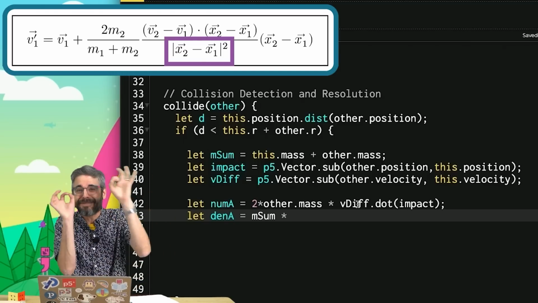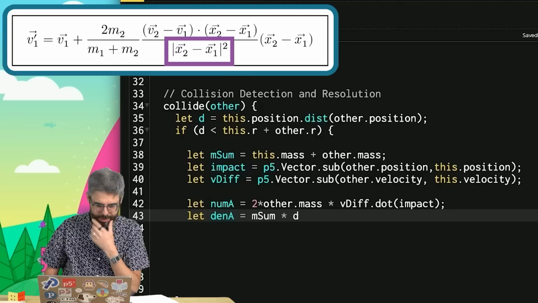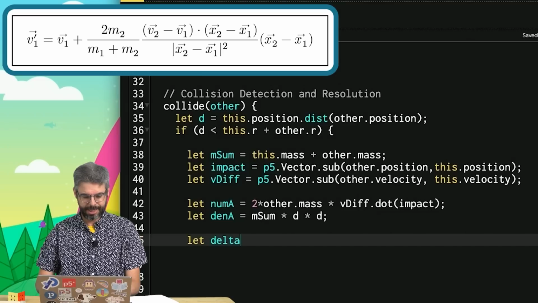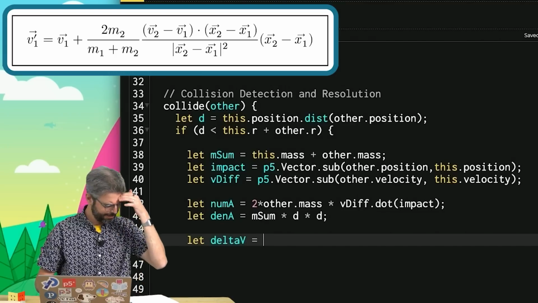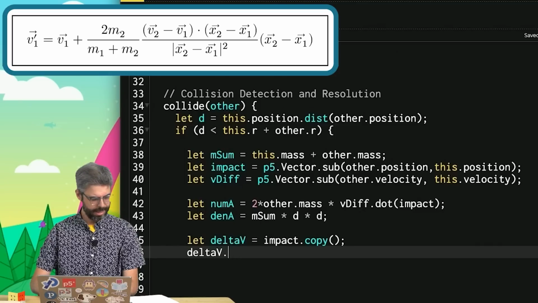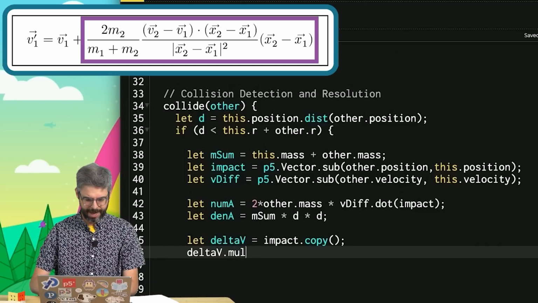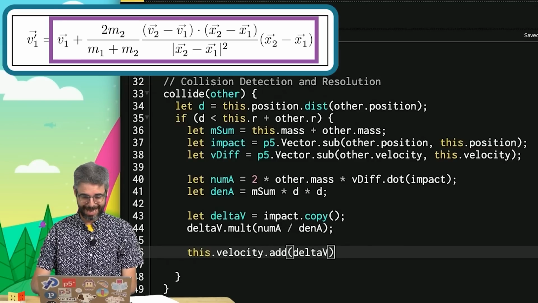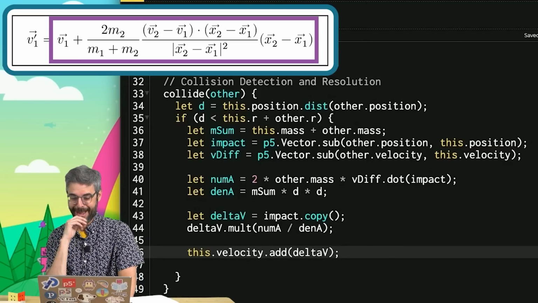The magnitude of that line of impact is D times D times D. So for the change in that velocity, I should make a copy of the line of impact and then multiply it by the numerator A divided by the denominator A. And then this velocity changes by that delta V. I don't know what's going to happen when they collide.